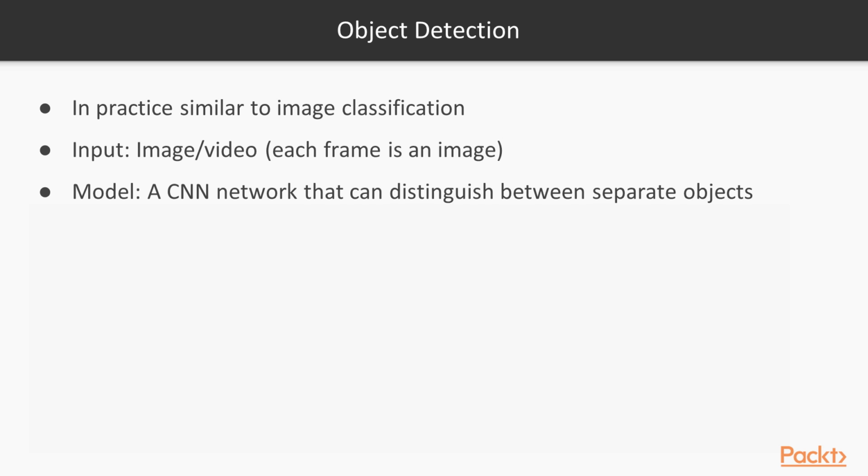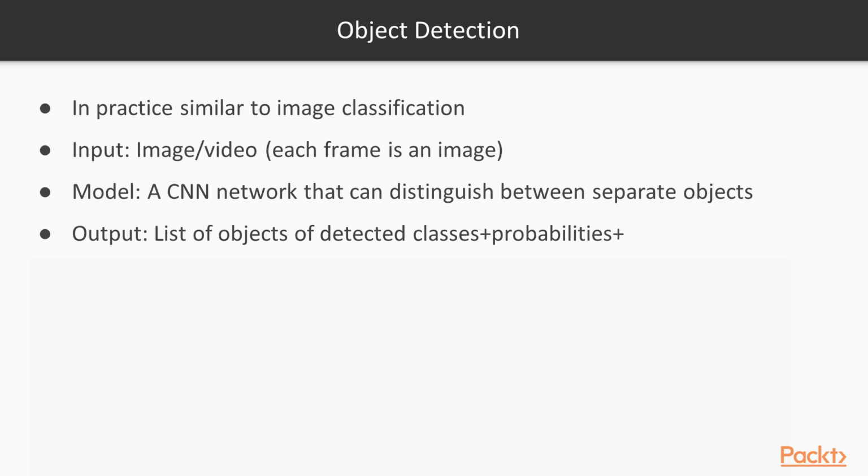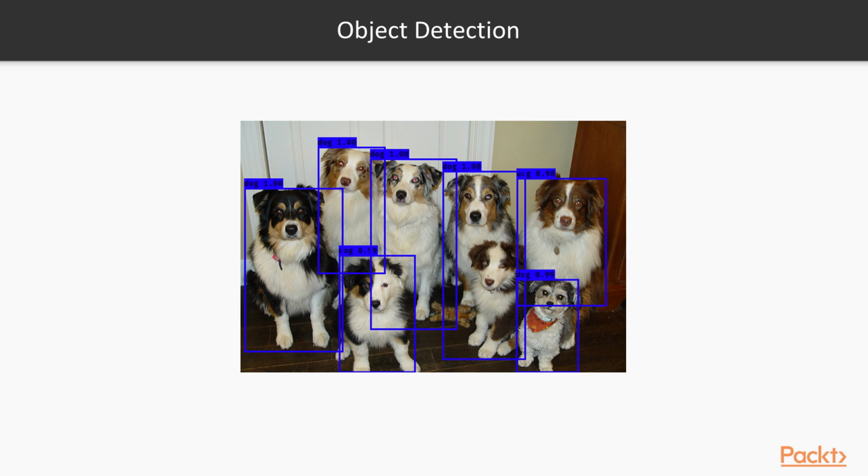The big difference apart from the models is also the output, because in this case we have not only a list of detected classes, distinct objects on an image, with the probabilities that each object belongs to a specific class, we also have their location on an image. As you've seen in an image before, we have those bounding boxes, those locations of those objects. So this is a much more detailed and more complex problem than image classification.